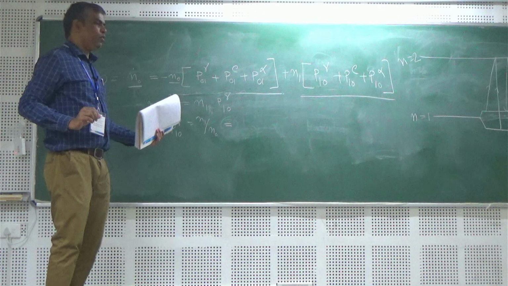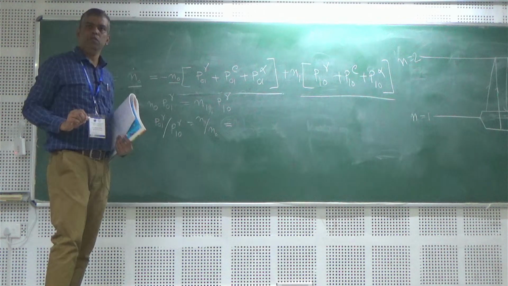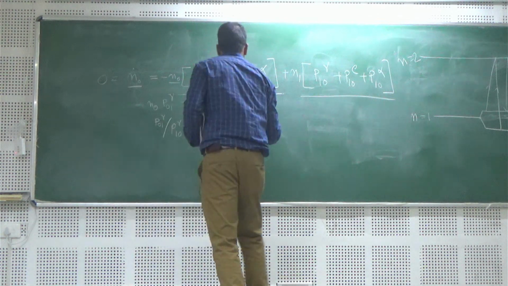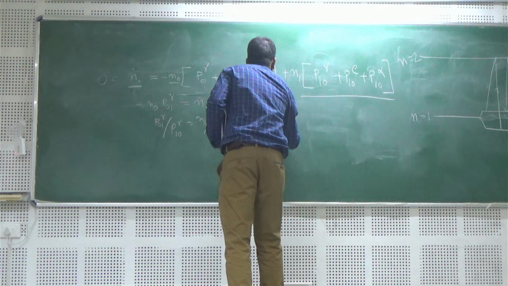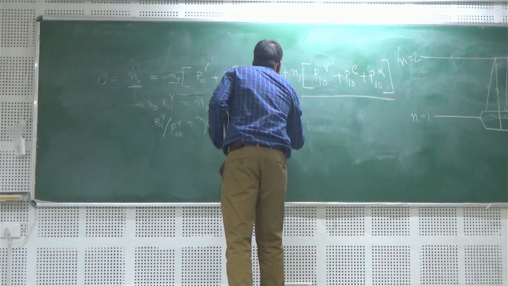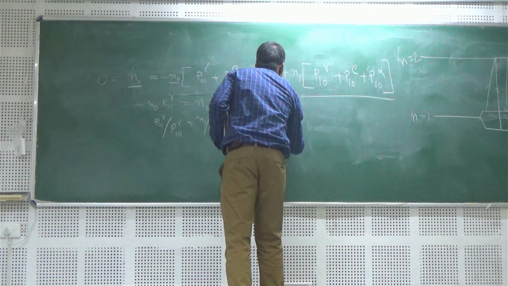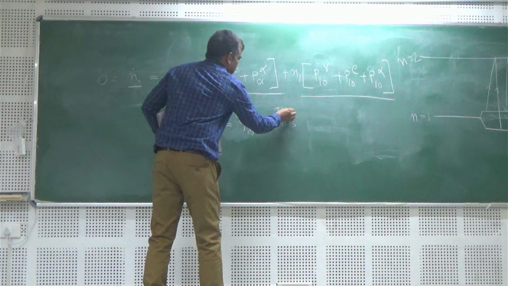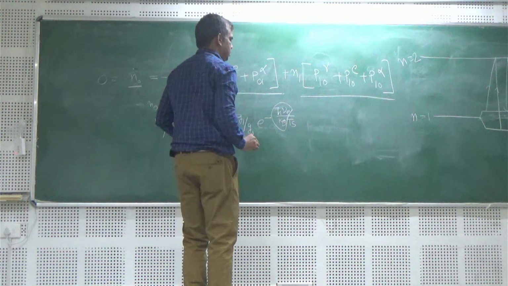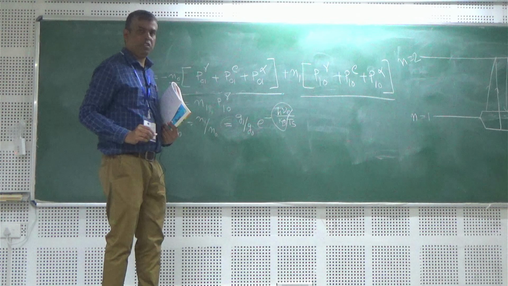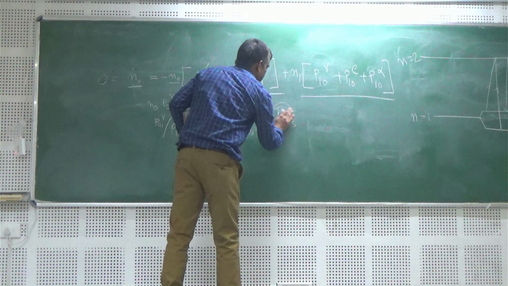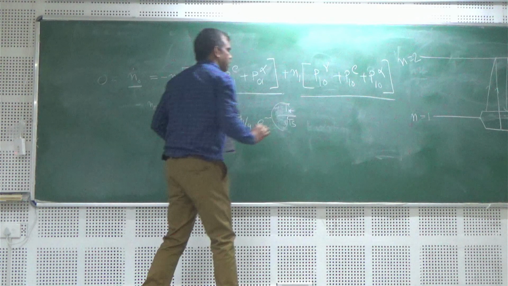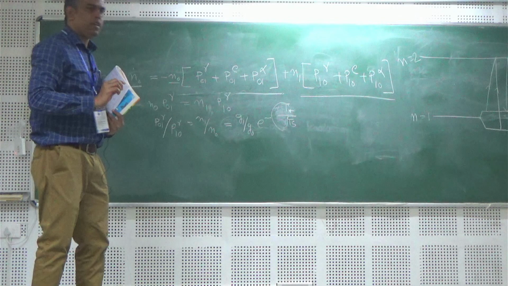As we know, N1 by N0 is essentially G1 by G0 e to the power minus h nu by kB Ts. Now this quantity is written as T star, so I will write simply T star, where T star is h nu by kB.